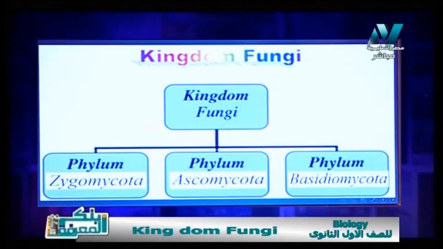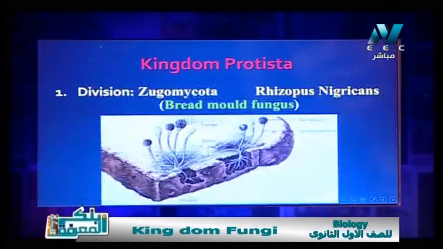Kingdom fungi includes many phyla. We will study 3 of them: phylum Zygomycota, Ascomycota, and Basidiomycota. The Zygomycota, we have an example here, Rhizopus nigricans, that we call bread mold fungus.